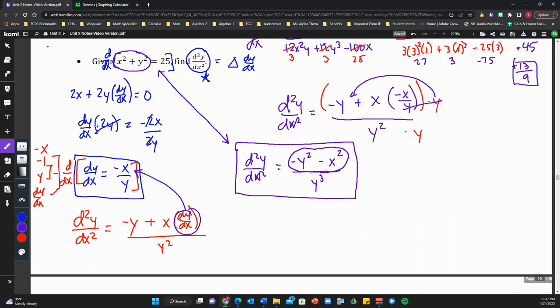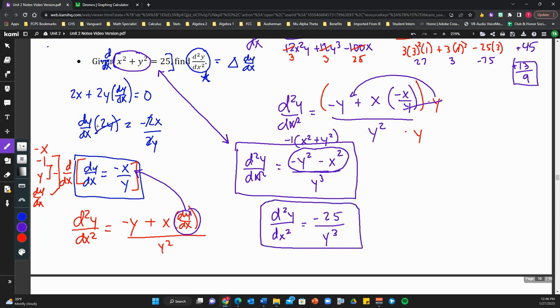Well, if positive x squared plus positive y squared equals positive 25, then -x squared plus -y squared, or I can rewrite this as -1 times (x squared plus y squared), is the same thing as -25, and that relationship was established by the original equation. So I can actually swap those two out from one another, which makes my second derivative much easier to work with. So this is actually equivalent to -25 over y cubed.